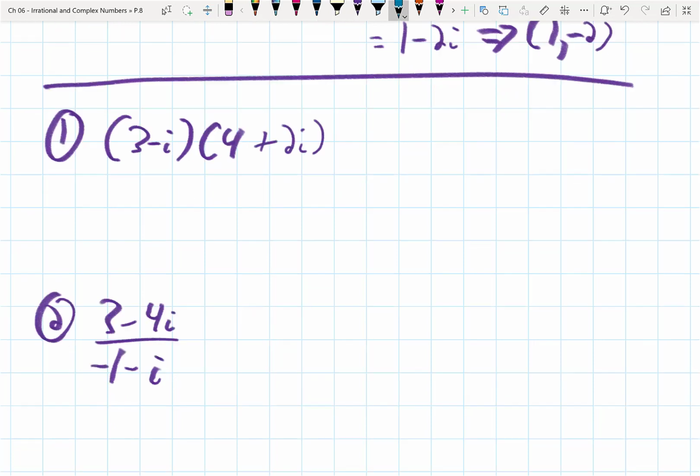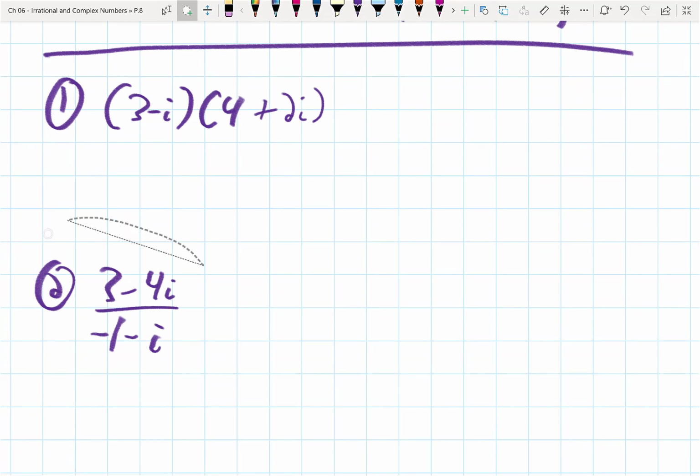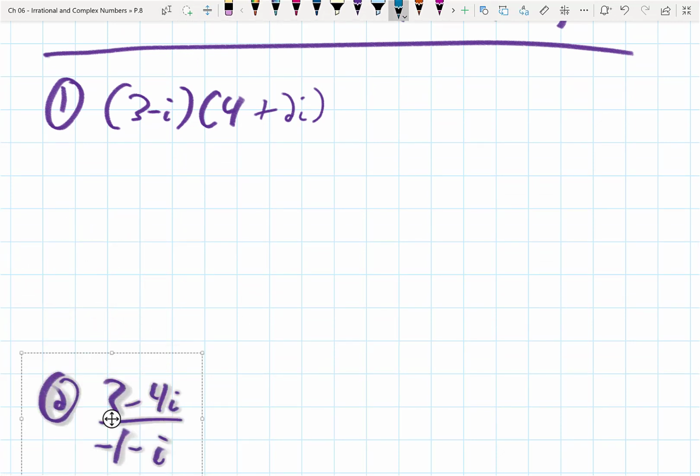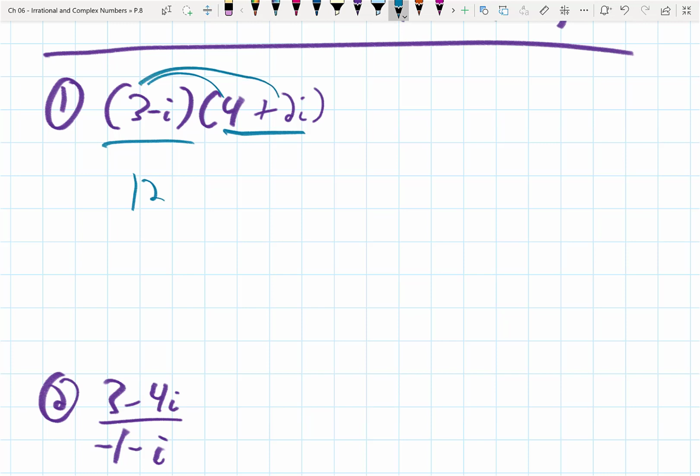I'm going to try to do it vertically, but remember I can always move it down like that. So what am I thinking of with these? This is just as simple as doing what? Well, first 12, outer plus 6i, inner minus 4i, last negative 2i squared.